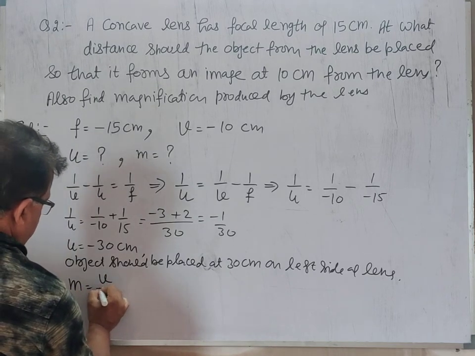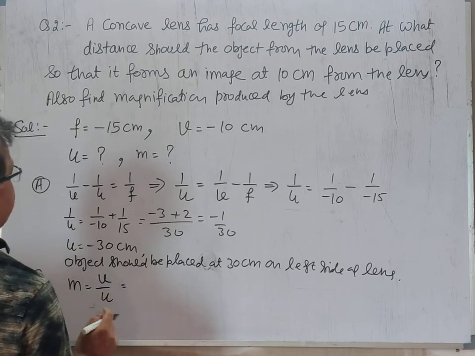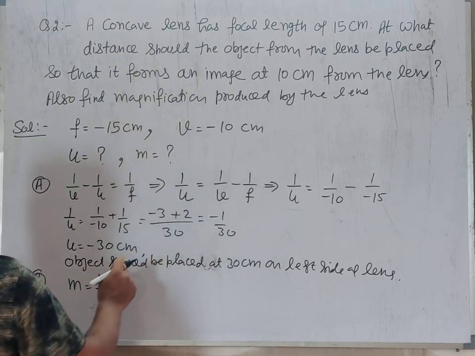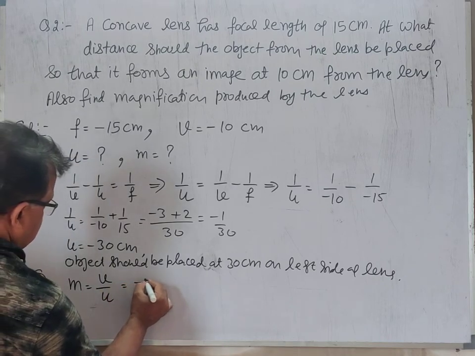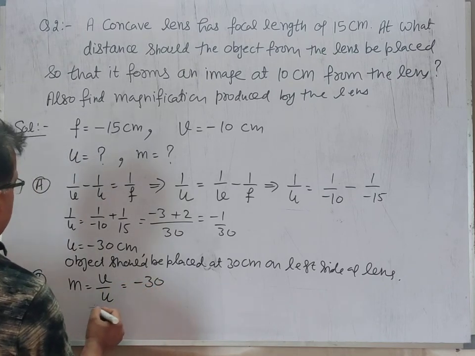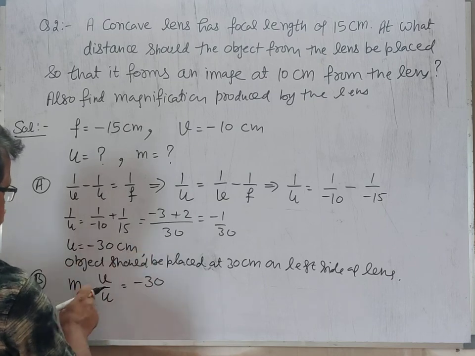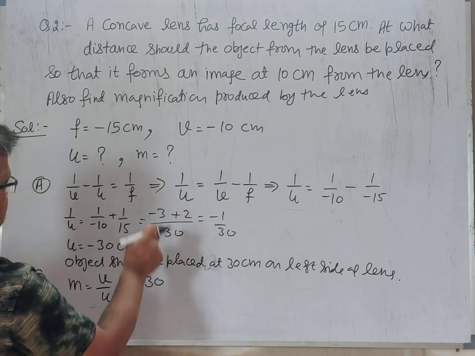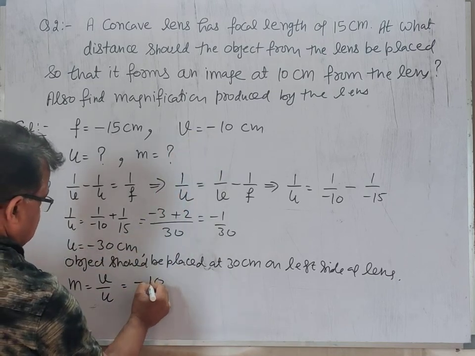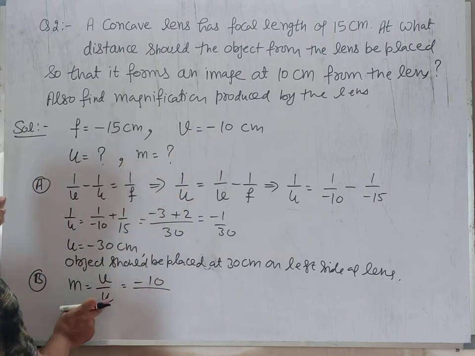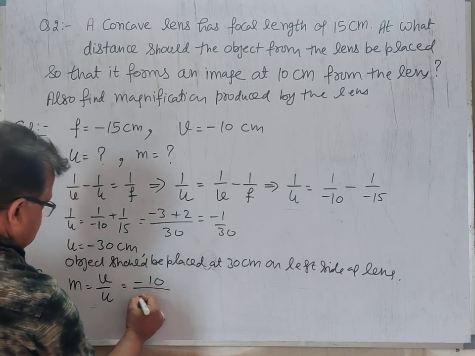Now we have calculated this, then we have to find m, and we know m is equal to v by u. What is the value of v? It is minus 10. And what is the value of u? Minus 30.